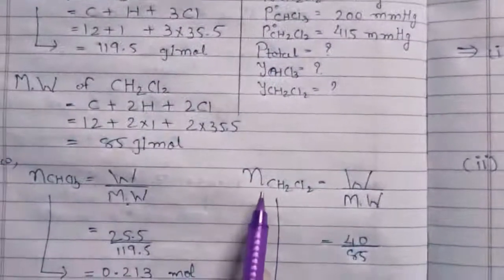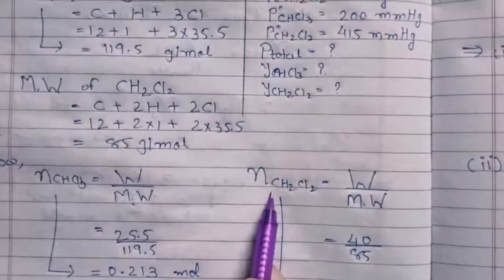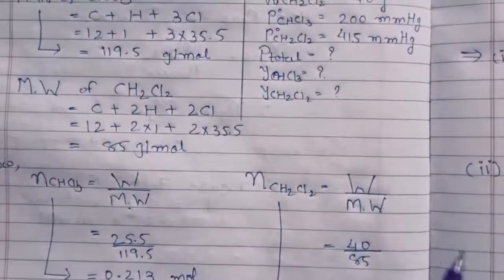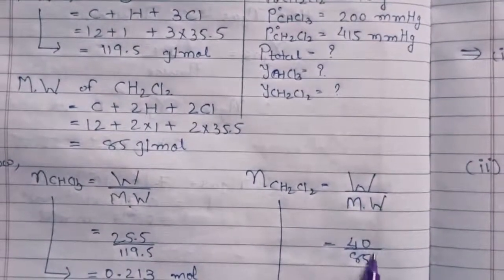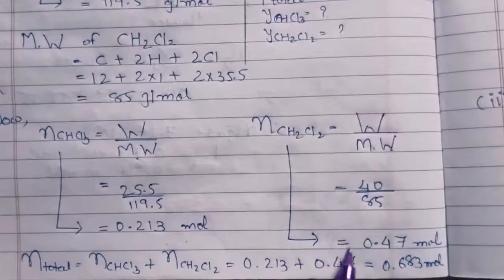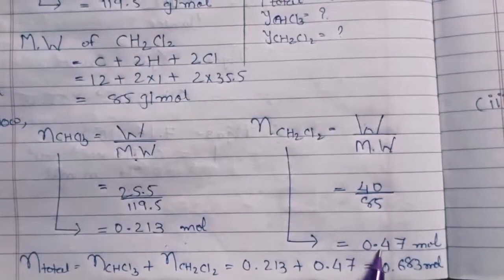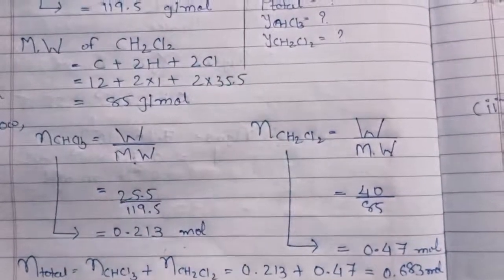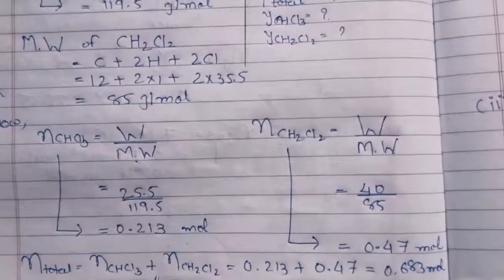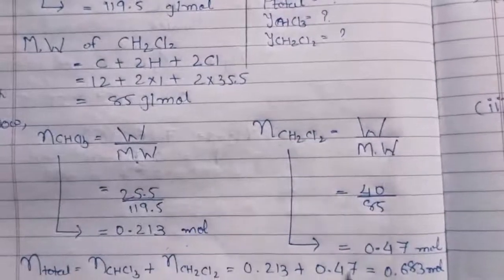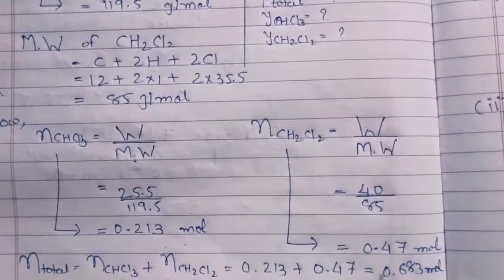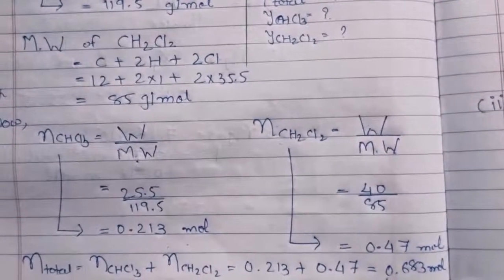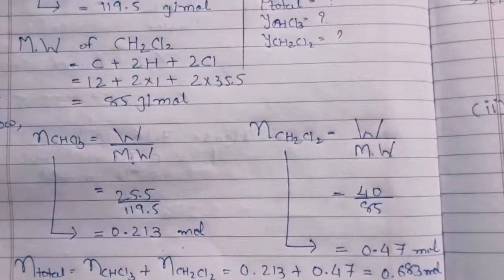Similarly, for the dichloromethane, mass divided by molar mass, replace the value and you will get the moles of CH2Cl2 is 0.47 moles, right? Now total mole equals mole of chloroform plus moles of CH2Cl2. Replace the values and you will get total mole equal to 0.683 mole.